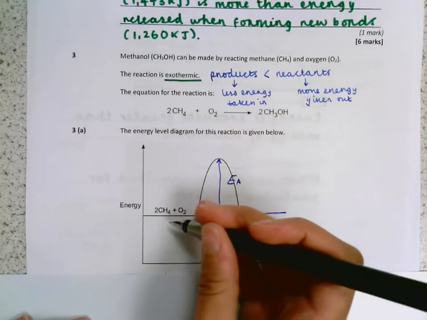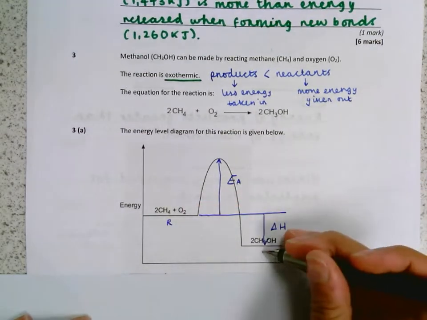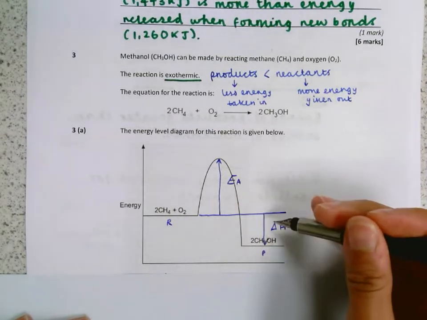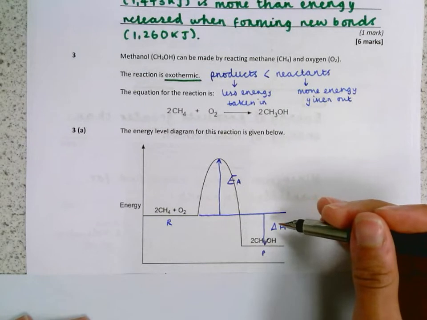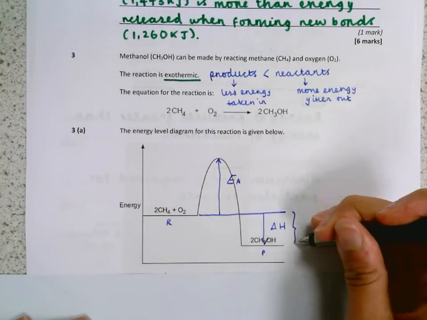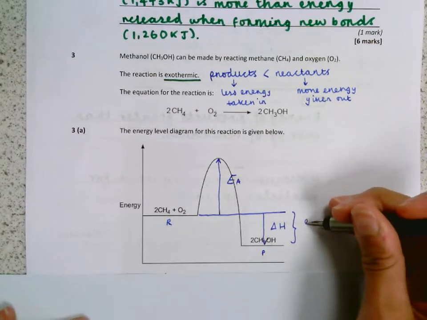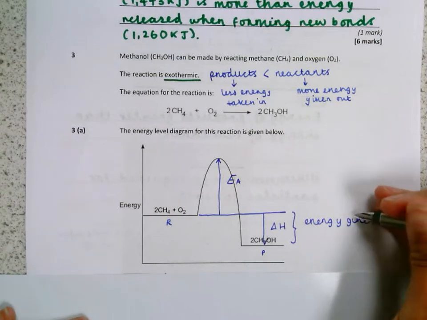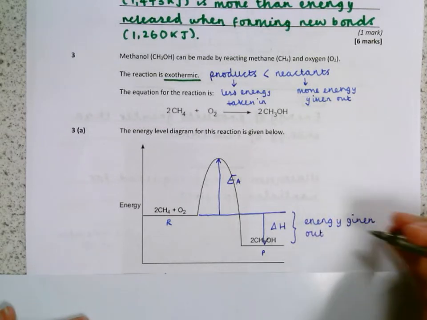Now here we've got the reactants, and they have more energy than the products. So energy here has been given out. So some of the energy that the reactants have, the products don't have. So some energy is given out to the surroundings.